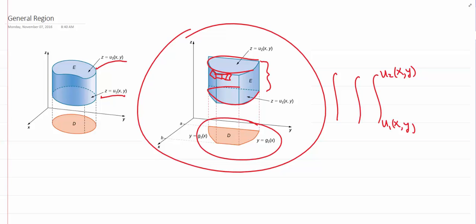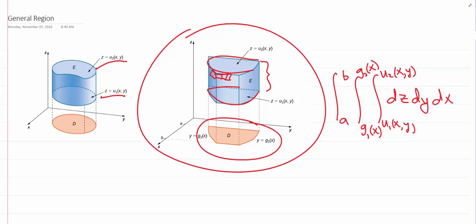Y goes from G1 to G2, so let's do G1 of X, G2 of X. Does everybody see that? So here's what we have: dz, and then dy. Now we have to determine what x does. Well, x, which is the last one, is going to be from A to B. So there's how we set it up.